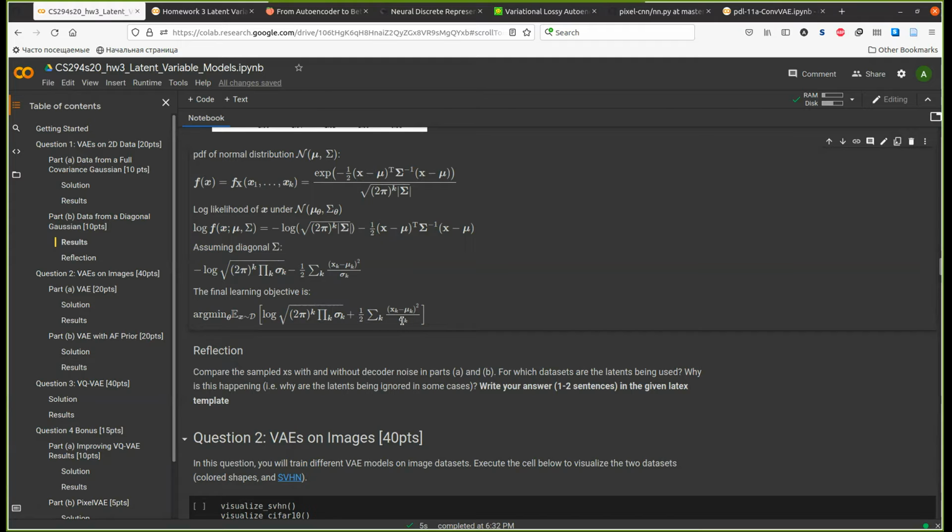If we increase the variance, and in this case variance is an output of our model, a parameterized output, so the model can learn it, right? And if we increase it, this component becomes smaller, but this component becomes larger. So we have a balance here.